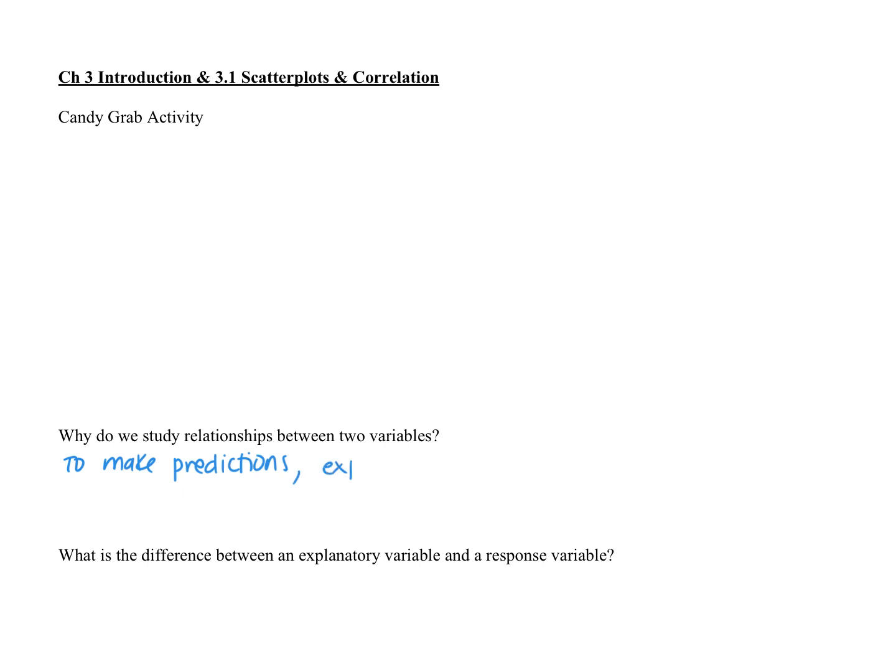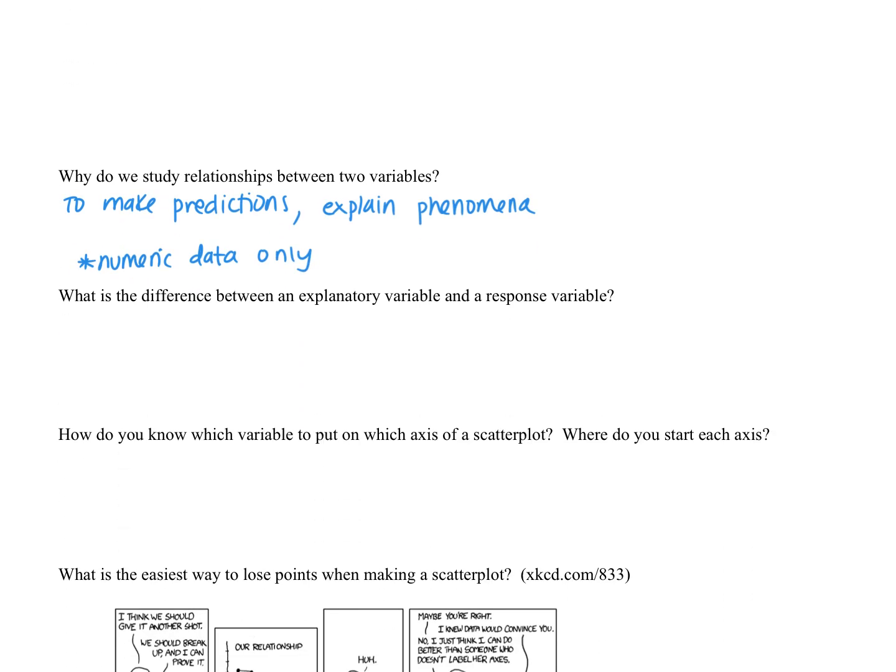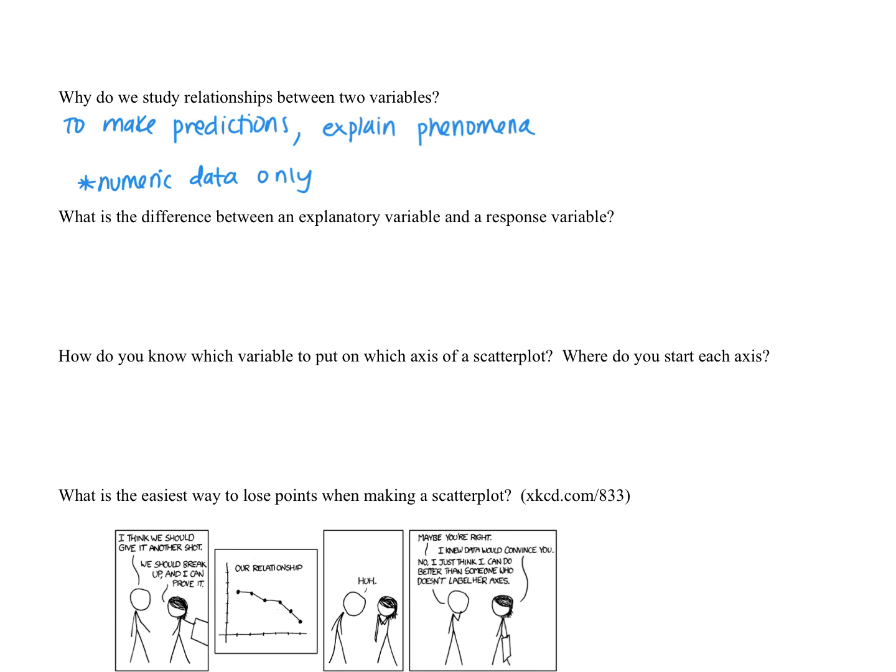It also helps us to explain phenomena. Again, this is for numeric data only. So we are not making any predictions for categorical data. That's possible, but it's not what we're doing.